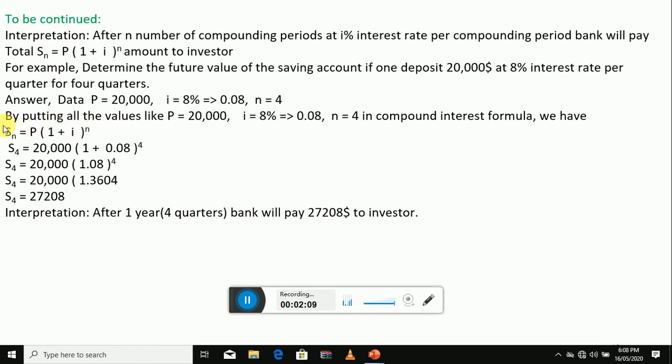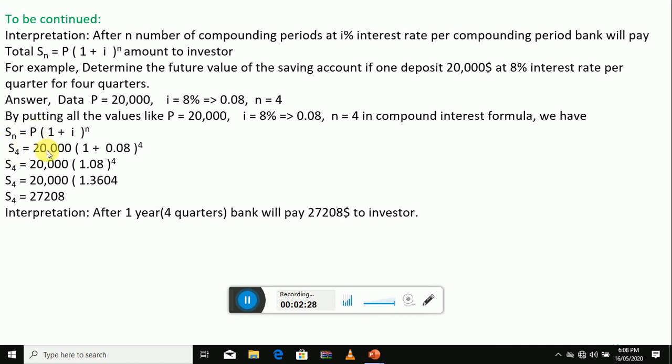We have Sn is equal to P whole multiplied by (1 plus i) whole raised to the power n. N is 4. We will put for n 4. This is S4. S4 means a future value of the saving account after 4 quarters.